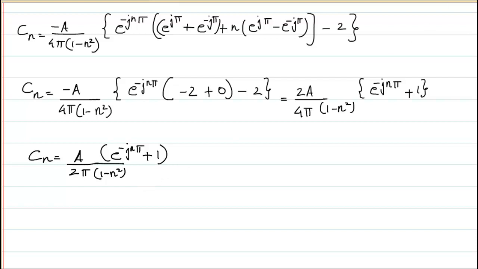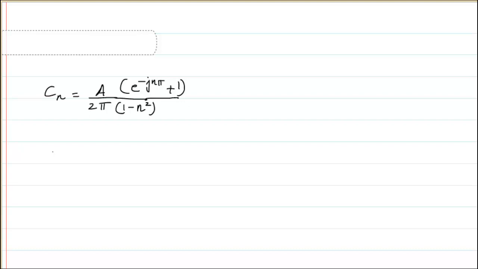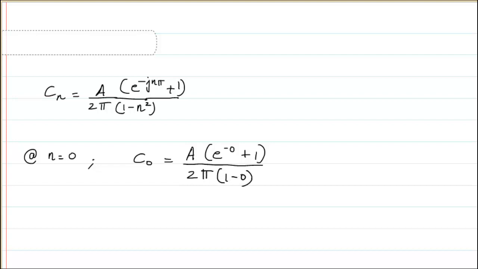So based on this equation, at n is equal to 0, I will get C0 equal to a into e raised to power minus 0 plus 1, divided by 2 into pi into 1 minus 0.